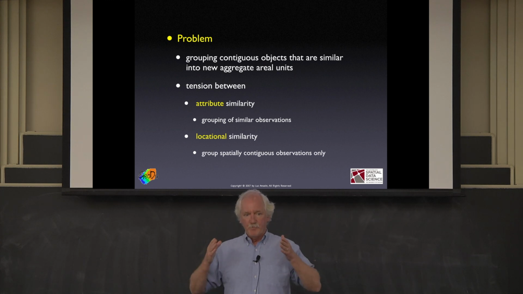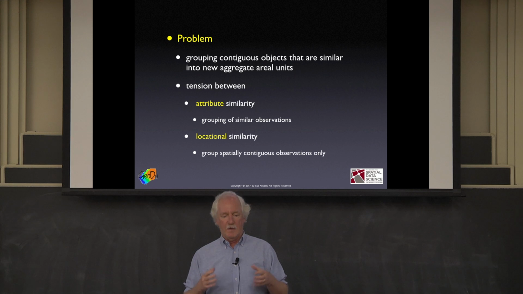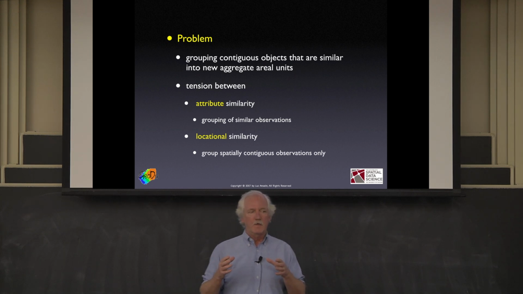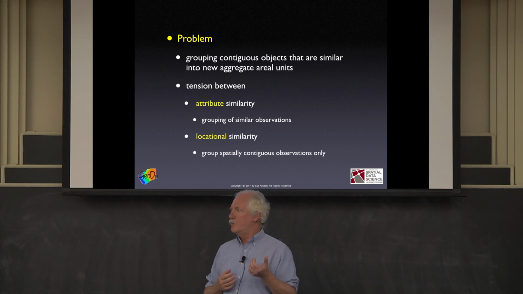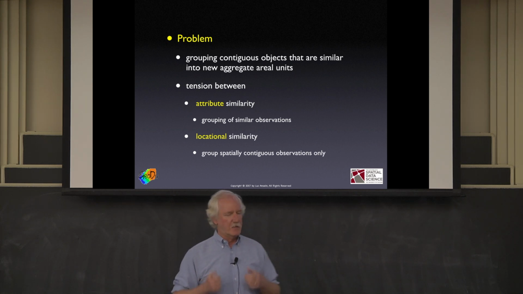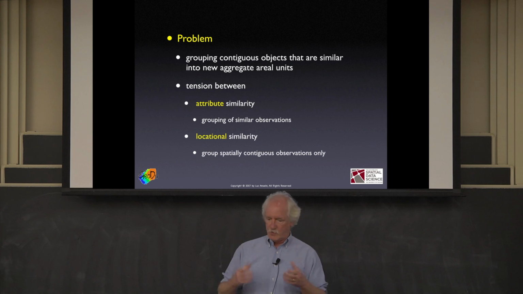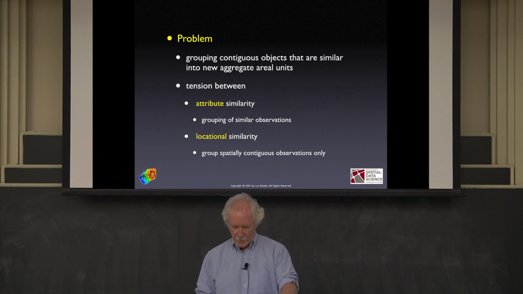These are typically 2 objectives that are fighting. So every solution consists of finding some compromise between the 2. And compromise in the sense that we will try to get the highest possible attribute similarity while still satisfying our contiguity constraint. Because that contiguity constraint is what makes this different from just regular clustering.